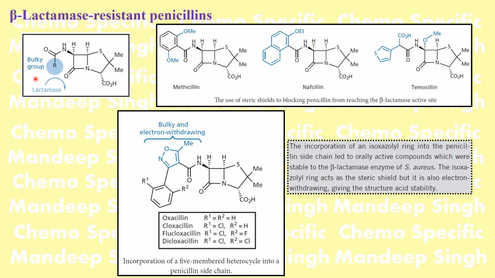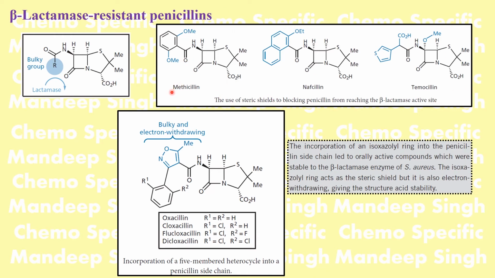But this approach has its own downside. If this bulky group is very, very large, then the entire penicillin cannot enter the active site of the transpeptidase enzyme. That is the reason why there are a very limited number of beta-lactamase resistant penicillins.